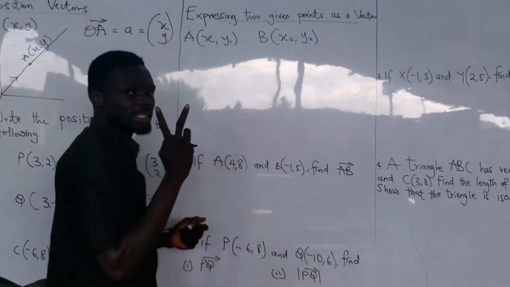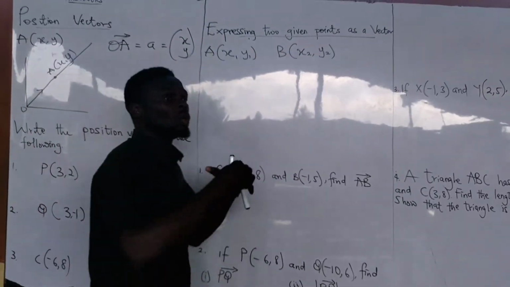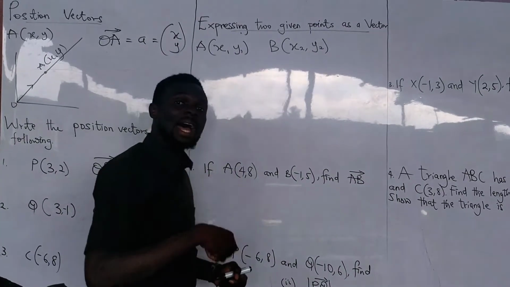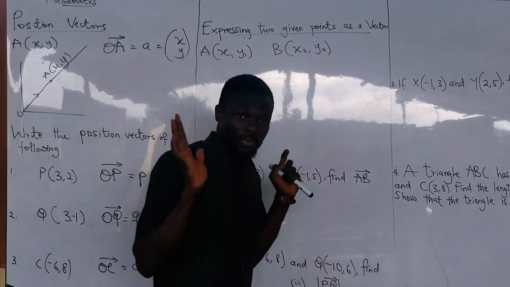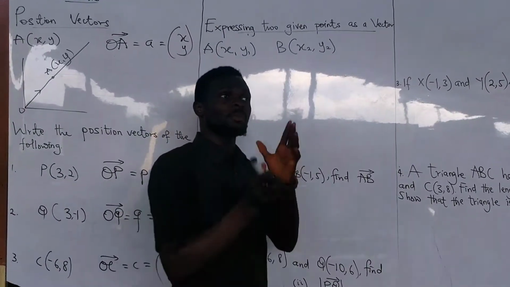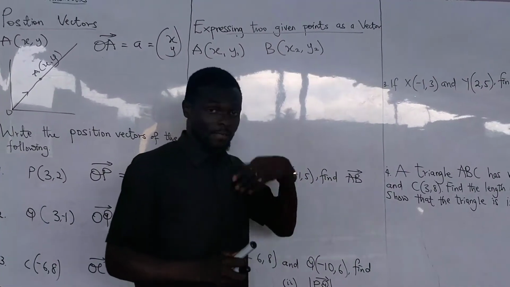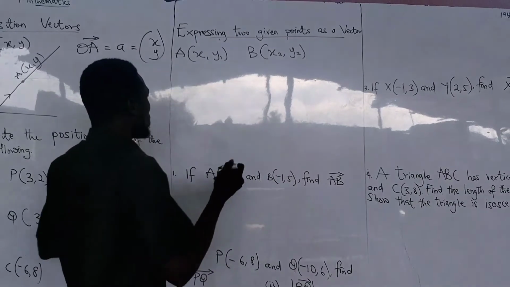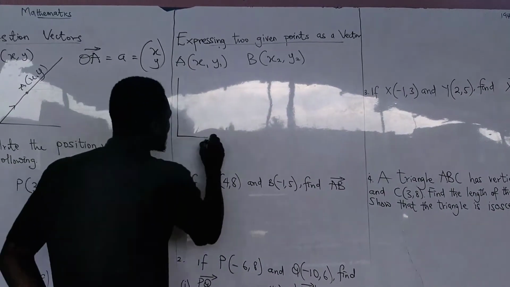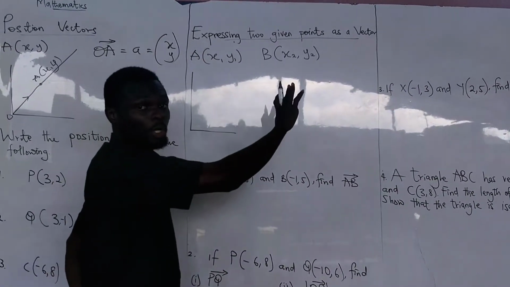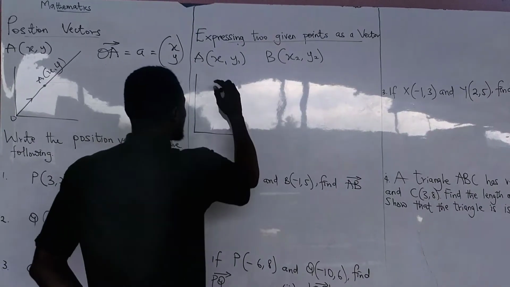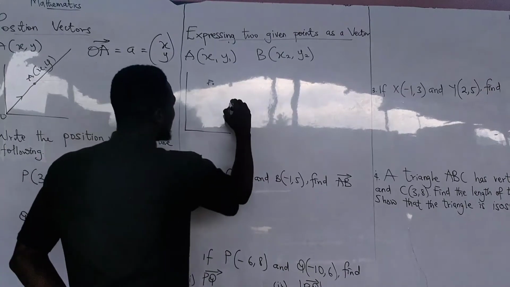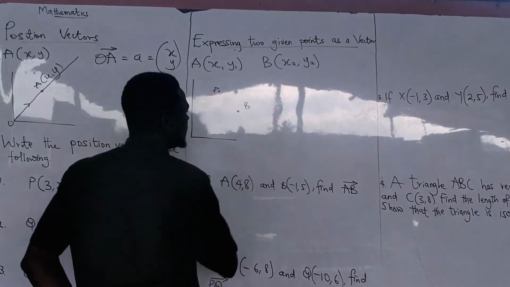They are saying that we should express these 2 points as a vector. They are not vectors, but we should express both of the points as a vector. If I want to plot these points on my graph, let's assume that they are all positive values. Let's say A is here, and B is somewhere here.